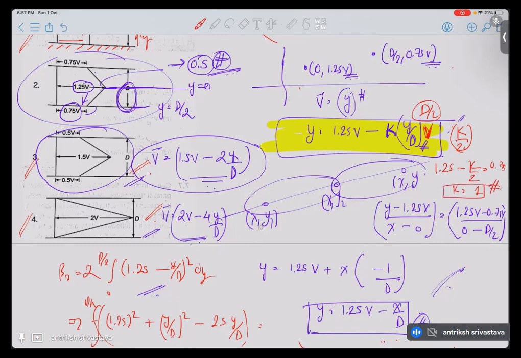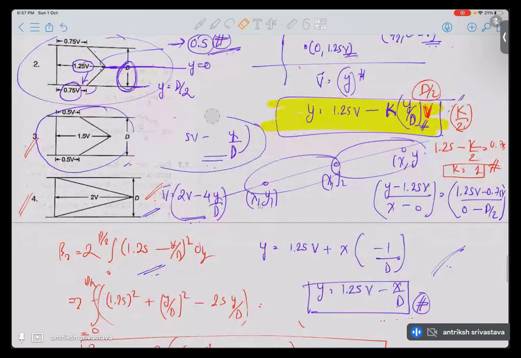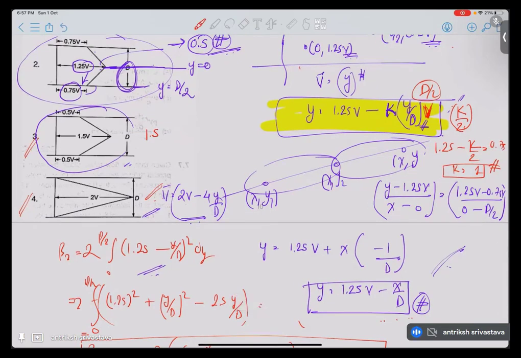So similarly, you can see in this also that your expression is going to be 1.5 v. I am going to take v out of the bracket for now, so that my life becomes easier. So the equation is going to be 1.5 minus some constant into y by d, right?